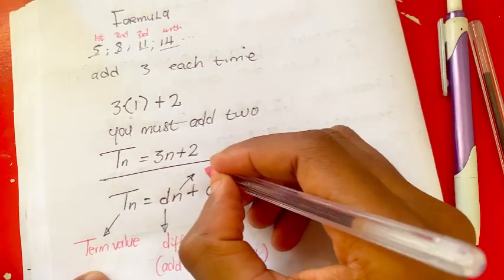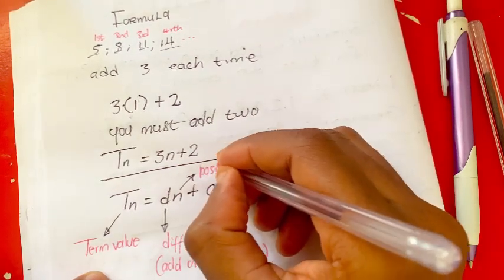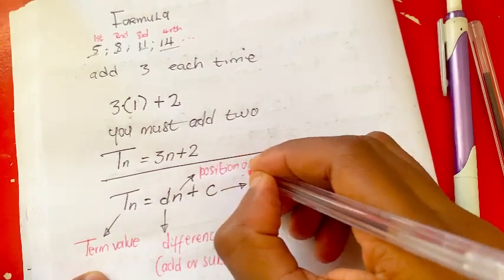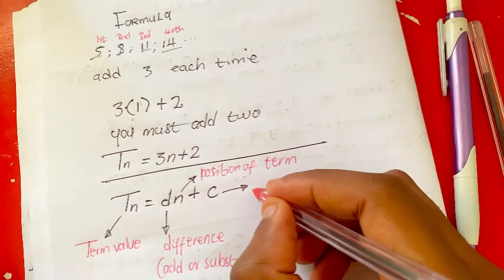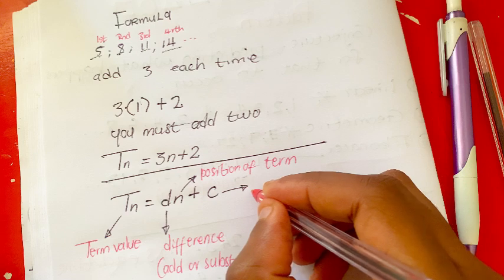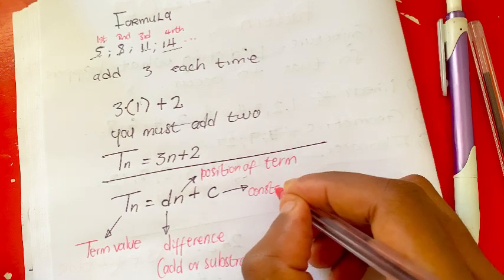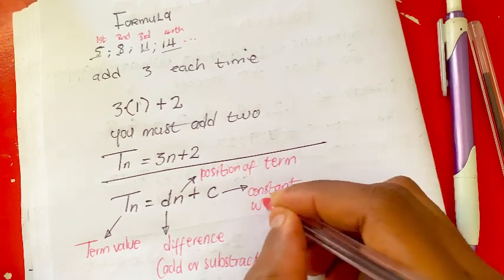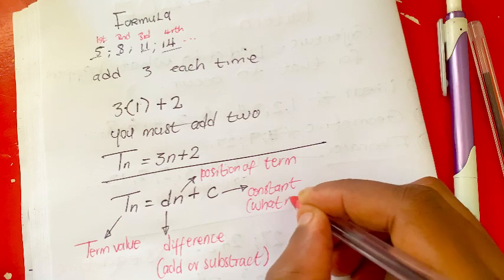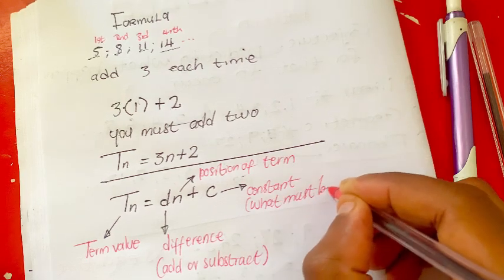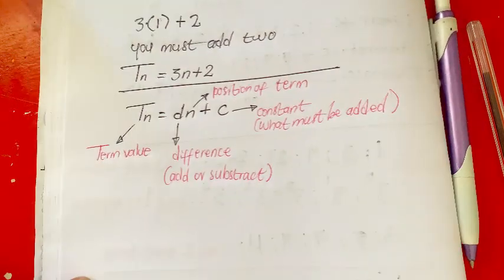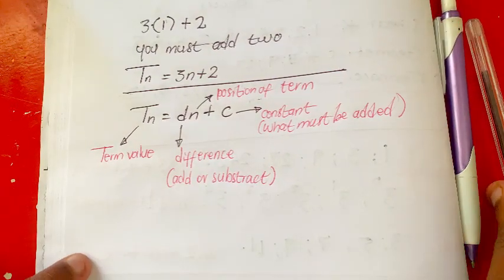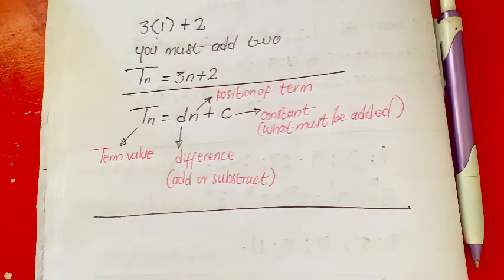This is your position of the term, and this here is your constant. It is what must be added. So now you have the formula. You can continue to solve other problems using this formula.